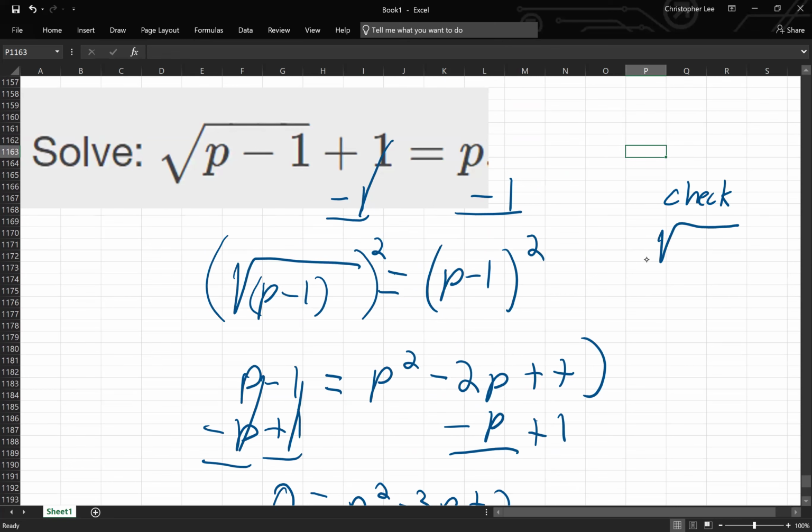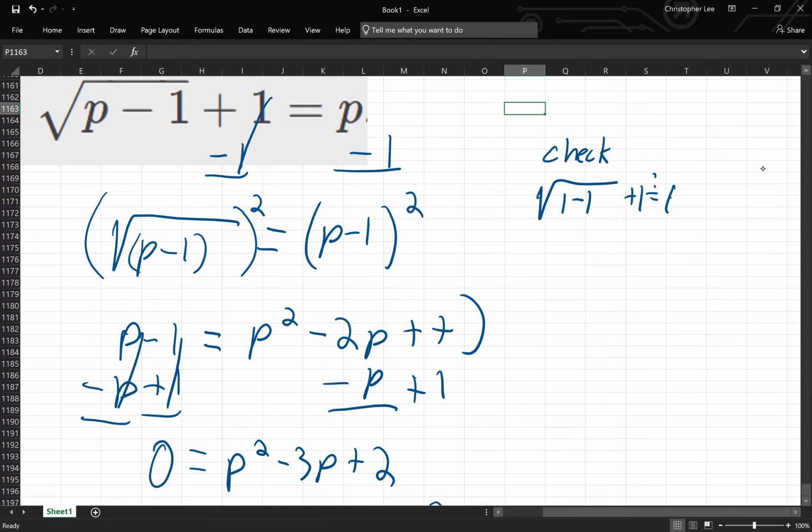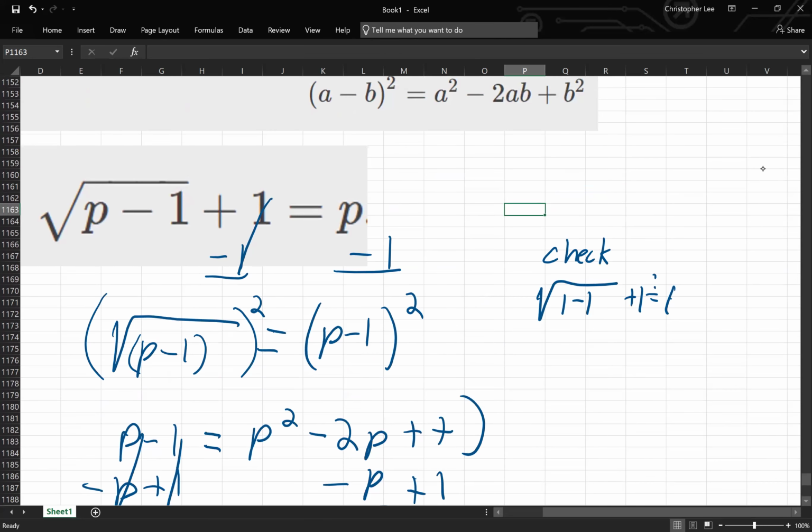So I have square root 1 minus 1 plus 1 will be equal to 1, right?